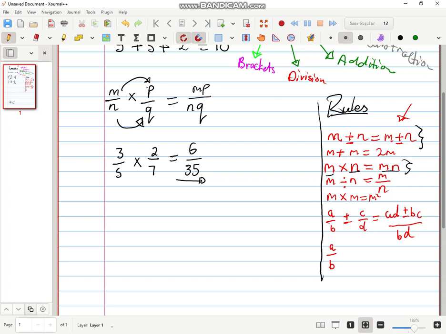What matters is that the rule applies for whatever you substitute your variables with, right? So a over b times c over d. What is it that you have? You have ac, you multiply these two, and then bd, all over bd.